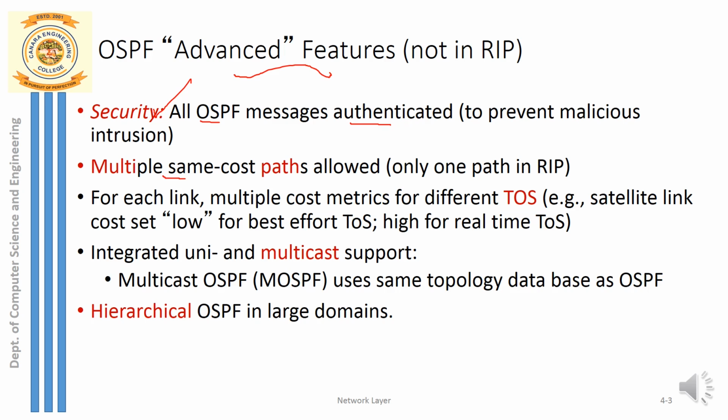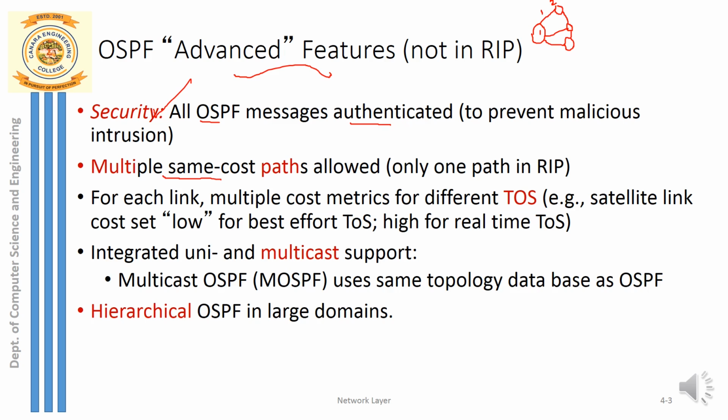Next, in OSPF we can have multiple same cost paths. What is the meaning of that? Suppose I have an autonomous system in which I have routers connected with each other, inside the organization. Suppose I have a router 1, it can reach router 2 via multiple paths, right?